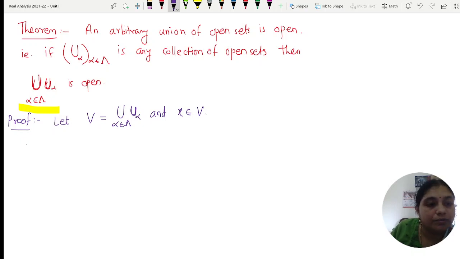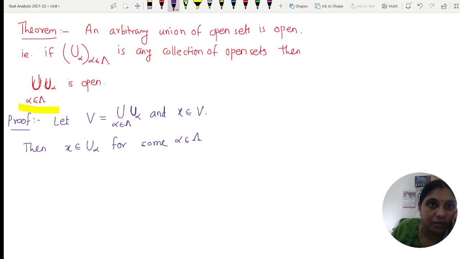So what can I say? This x belongs to U alpha for some alpha. Some set must contain it. x belongs to the union means x belongs to U alpha for some alpha.